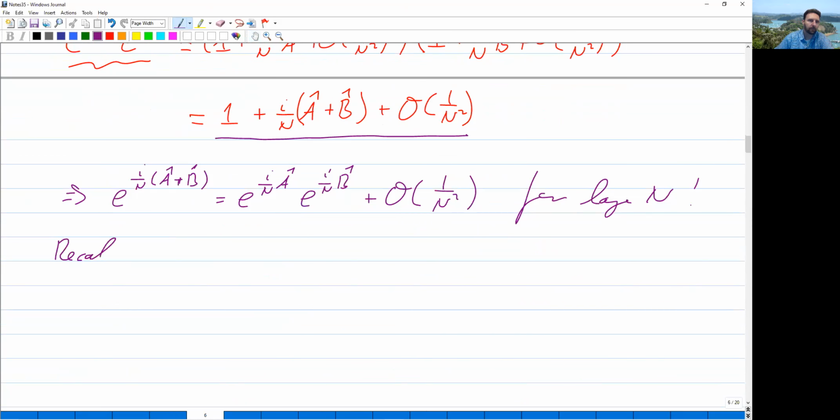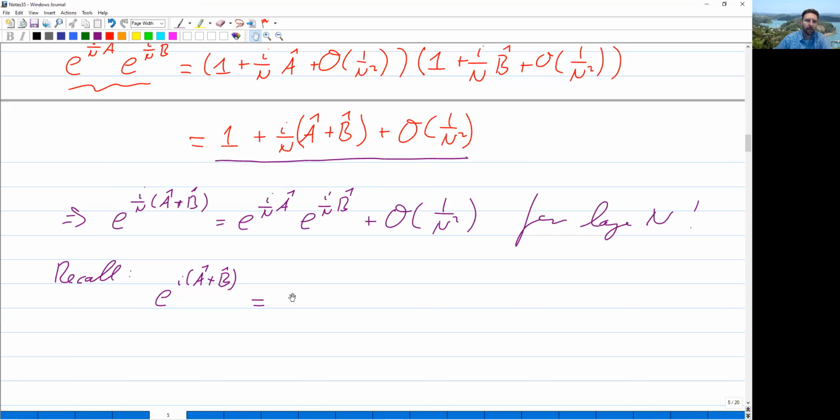So we have, recall, e to the power of i, â plus b̂ is equal to e to the power of i over n, â plus b̂, to the power of n.